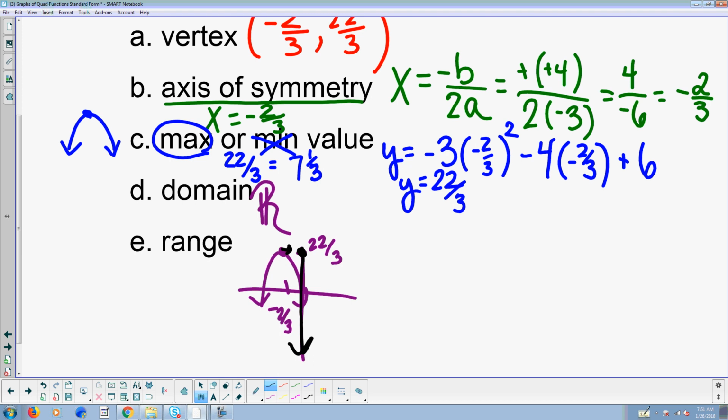Our range, remember in interval notation we're going to give the least to greatest. Our least would be negative infinity, and our maximum value is 22/3, or 7 1/3. Another way we could say this is all the y-coordinates that are less than or equal to 22/3.